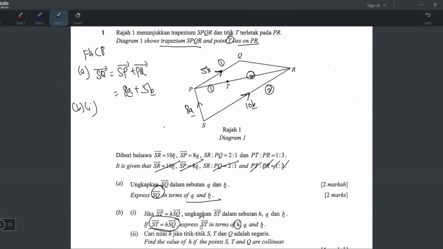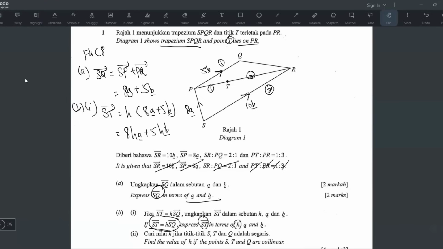So they're asking you to find the ST vector in terms of H, A, B. And if you look at the information they give you, it is also ST. So we can just ambil terus and then just times HSQ, and the SQ I already found just now, 8A plus 5B. So you just take the H, darab inside, and then you get 8HA plus 5HB. So that is the answer lah. The question says in terms of H, right? So this is the answer in terms of H.